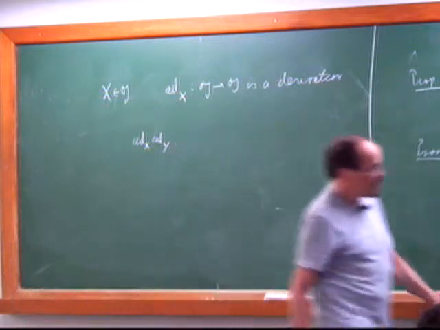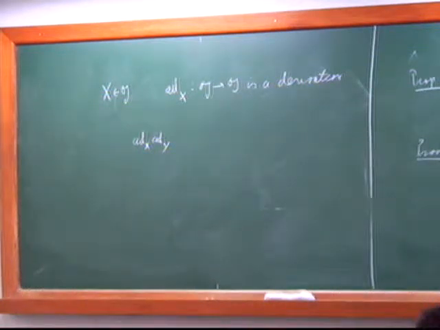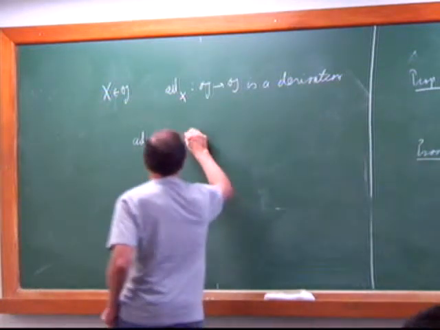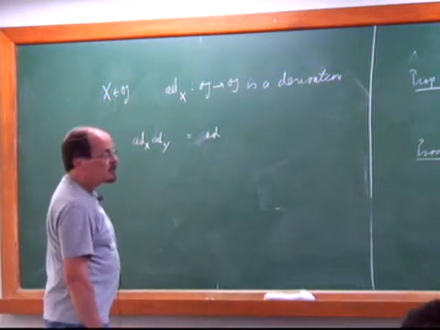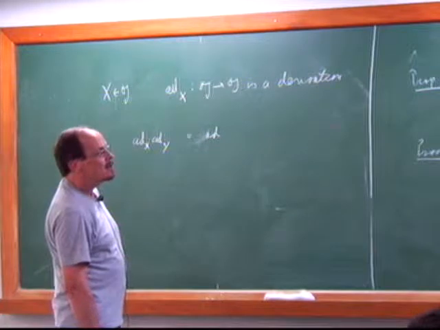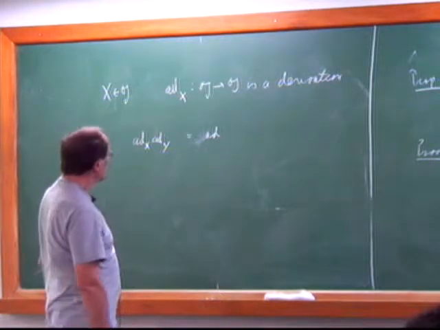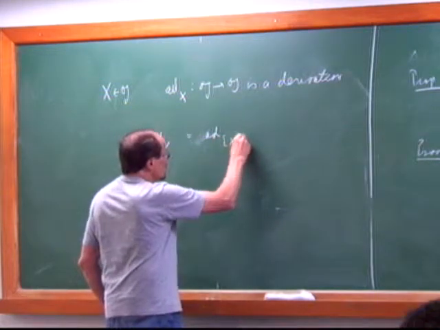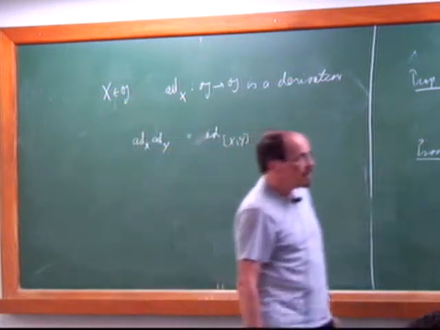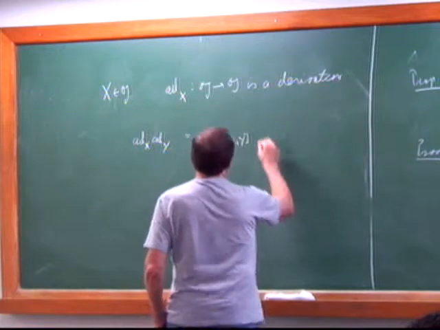So replace x by y here. Is that how I want to do it? ad of [x, y] plus ad x.